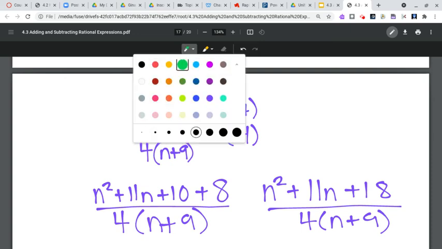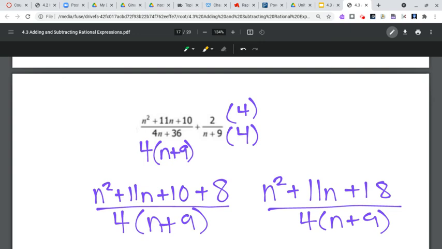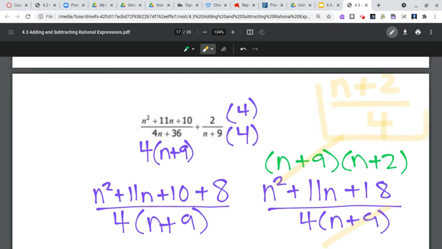Two numbers that multiply to give us a positive 18 and add to give us 11 would be n plus 9 times n plus 2, which then results in us being able to cancel out a common factor in the numerator and denominator. So our final simplified answer is n plus 2 over 4. Final answer is here.